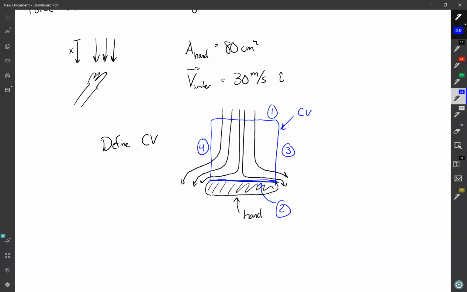So we're going to be having water coming in side 1 and leaving side 3 and 4, but exerting a force on your hand, which is side 2. A little bit tricky to wrap your head around, but we're looking at where this velocity change is actually taking place. So where the water first starts slowing down to where it actually hits your hand and then goes out the side.